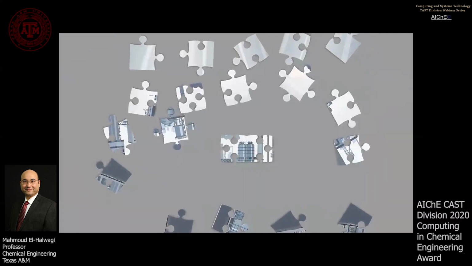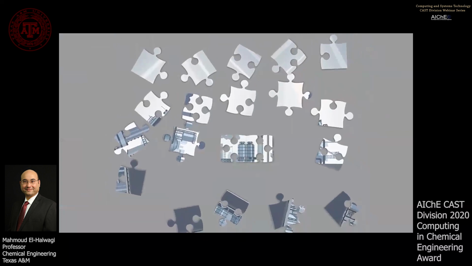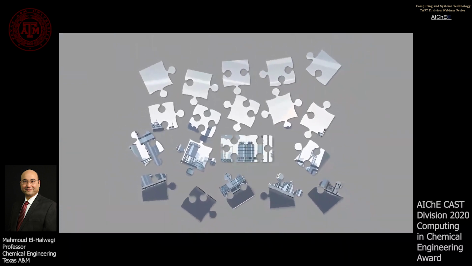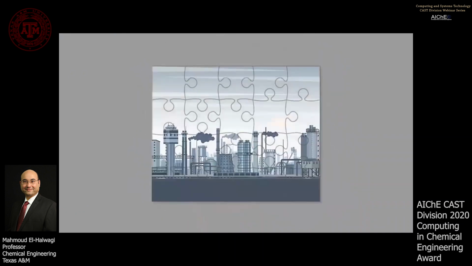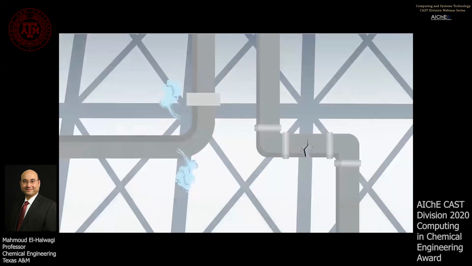Next, we move to the topic of process integration, which is a holistic approach to process design and operation, which emphasizes the unity of the process, and it optimizes its design and operation. The overarching philosophy of process integration is big picture first, details later.